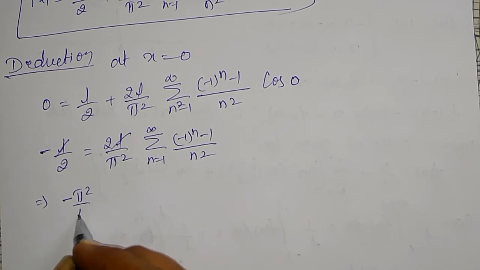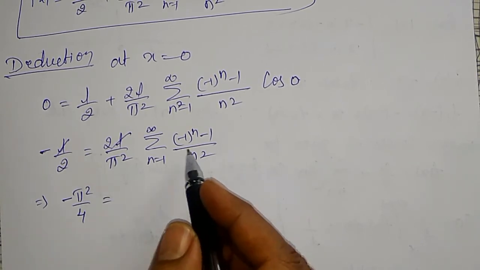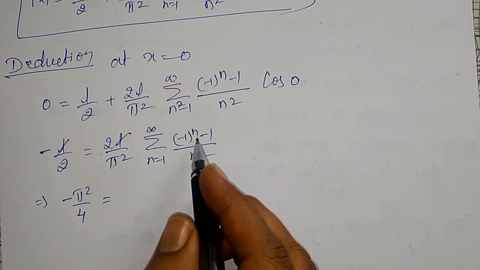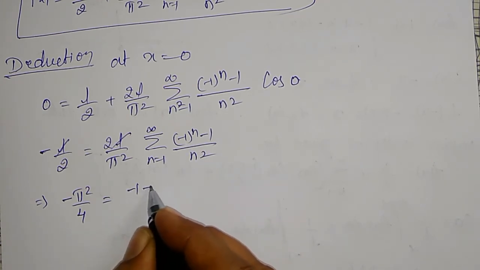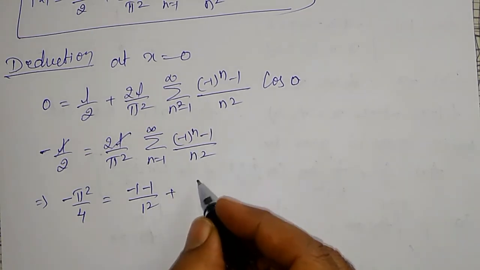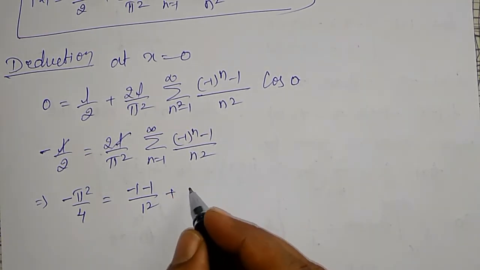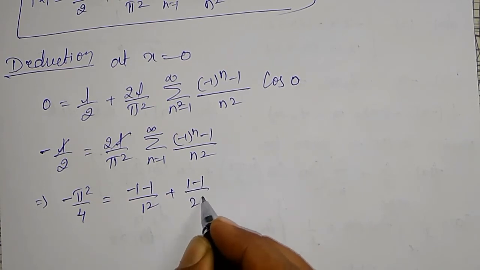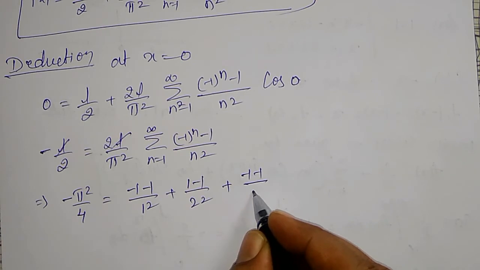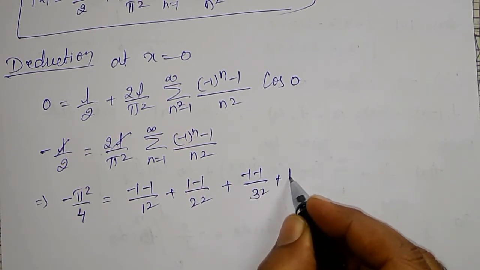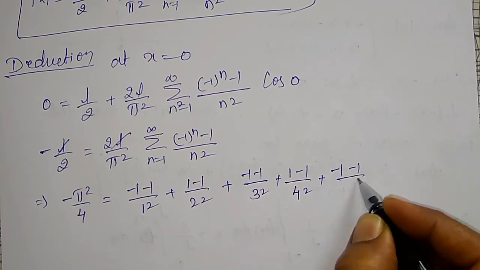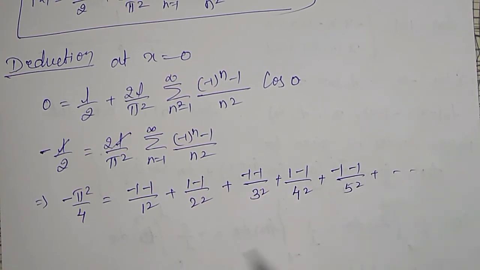That will become minus pi square divided by 4 equal to, put n equal to 1, 2, 3 and so on. If n equal to 1, minus 1 raised to 1 minus 1 divided by 1 square, plus n equal to 2, minus 1 raised to 2 becomes plus 1, minus 1 divided by 2 square, plus n equal to 3, minus 1 divided by 3 square, plus 1 minus 1 divided by 4 square, plus minus 1 divided by 5 square, plus so on.